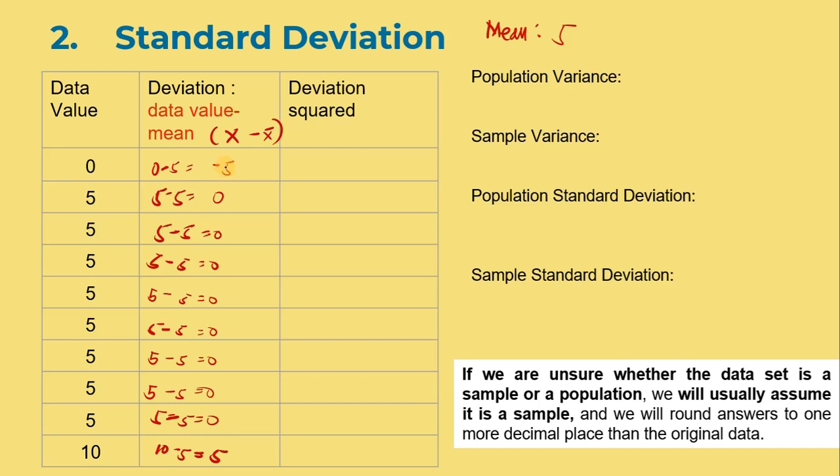They cancel, and the answer would be 0. So we can't do this. It would always be 0 if you do this.